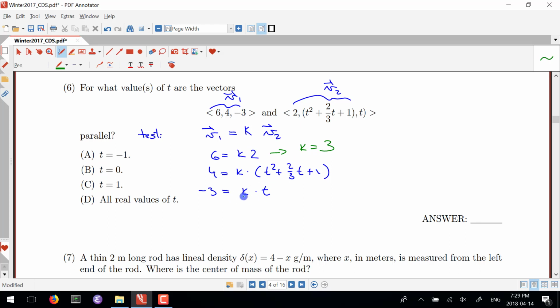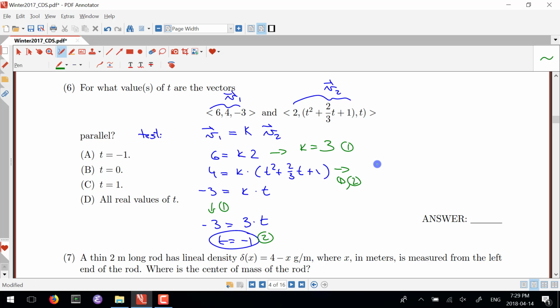Let's not dive into that. Let's take this and use it in the third equation. That has the advantage of giving us t very quickly, because k has to be 3 to satisfy the first equation. That means t has to equal negative 1 to satisfy the third.